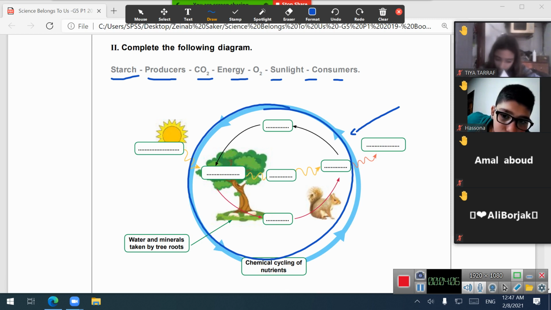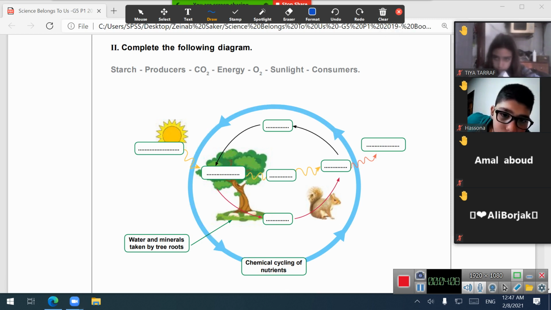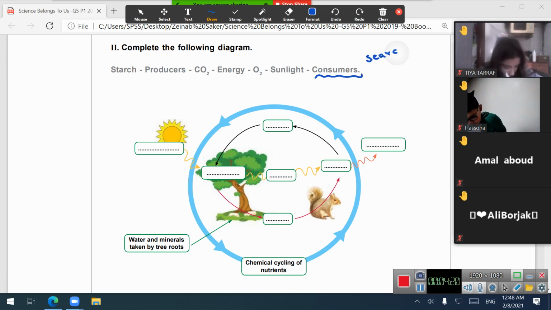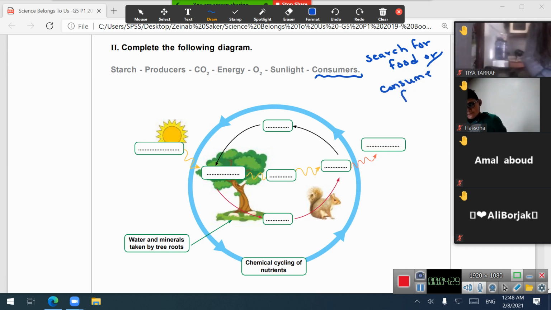Before we start filling in the blanks with these terms, we have to define the words. Consumers are the living things that search for food, or we can say consume food, while the word producers means only those that can produce their own food.